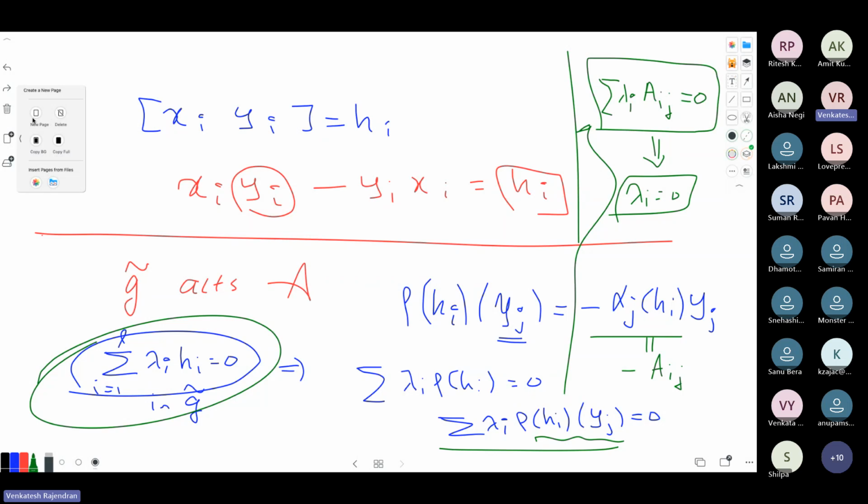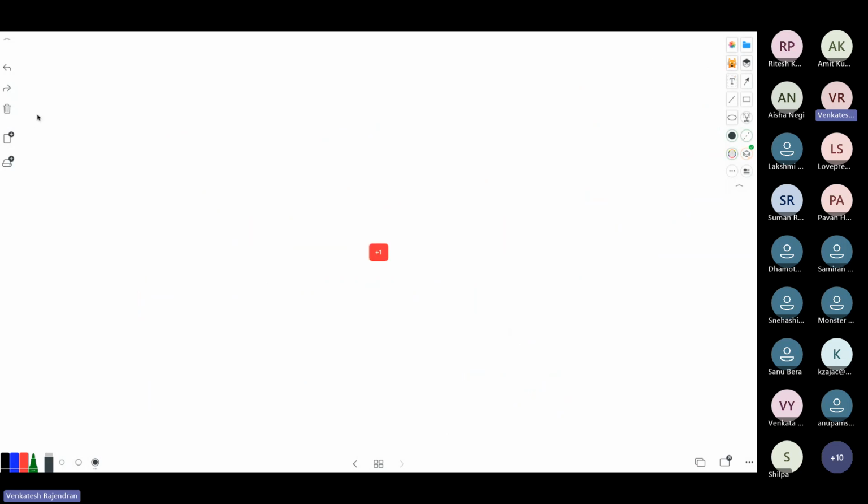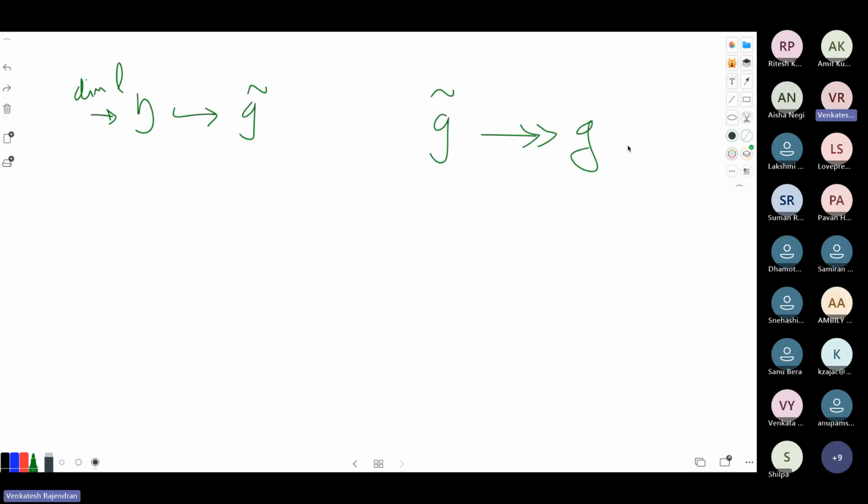So now what you can do, you can identify H with H tilde. So then this H will have dimension l. Okay, this sits inside G tilde. So now from G tilde, you can go to G. G is where all relations are included, including the Serre relations.